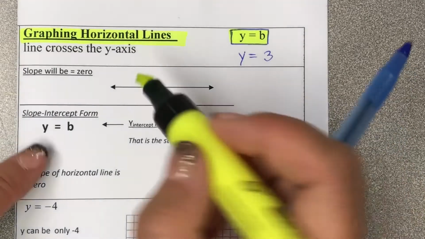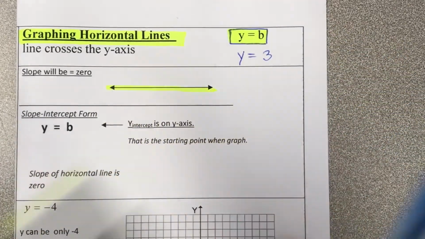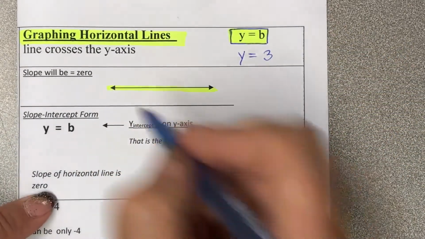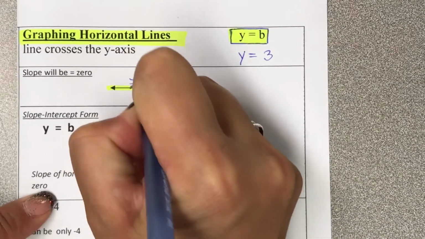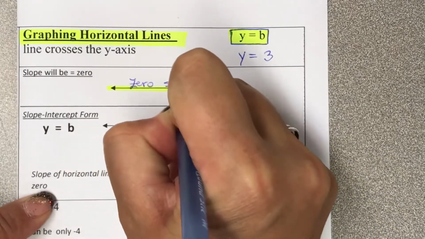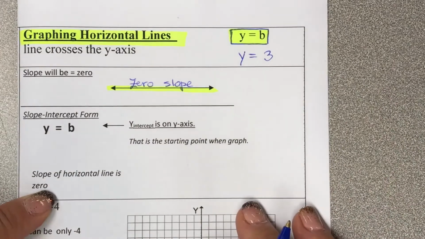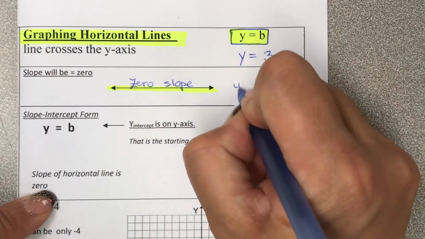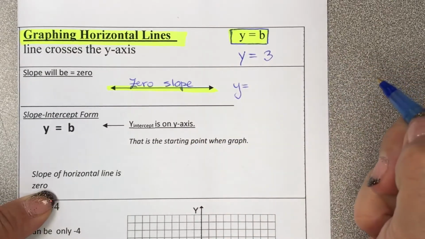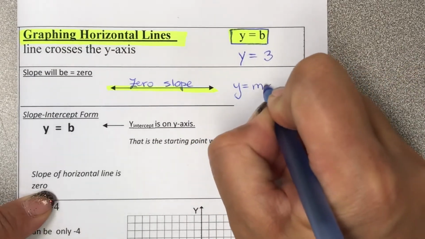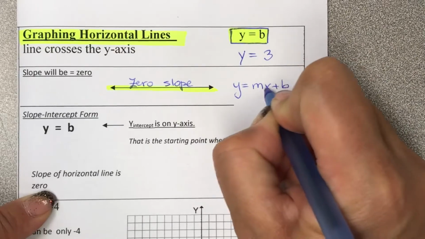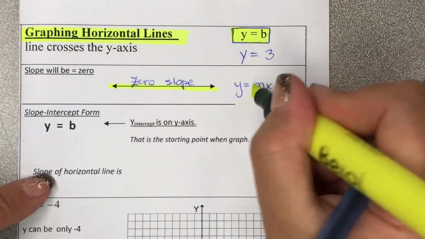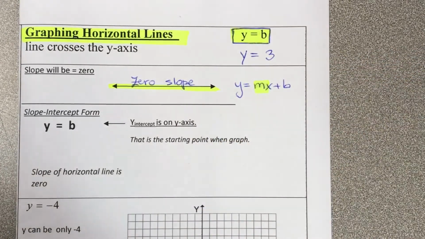So when we look at the horizontal line, the slope is 0. So 0 slope, horizontal line. In the equation, when we have the equation in slope-intercept form, y equals mx plus b, m is going to be the slope, which is going to be 0.